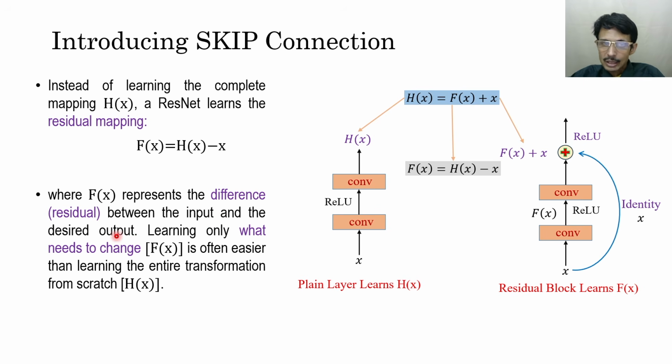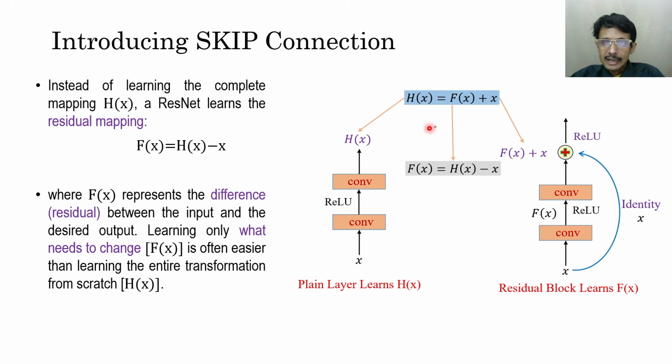That residual is what we are going to map in the case of ResNet. So learning only what needs to change, that Fx, is often easier than learning the entire transformation from scratch.